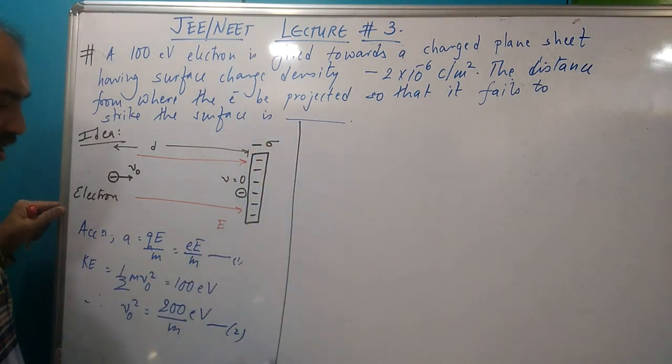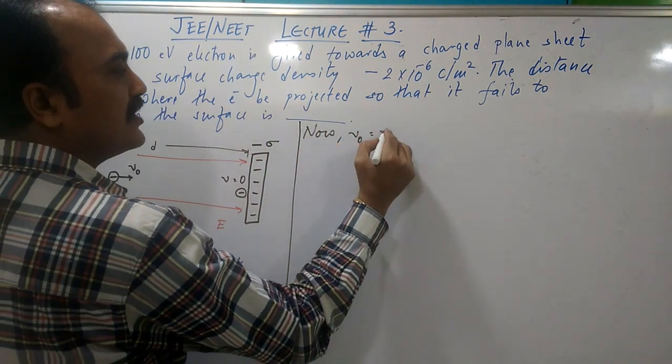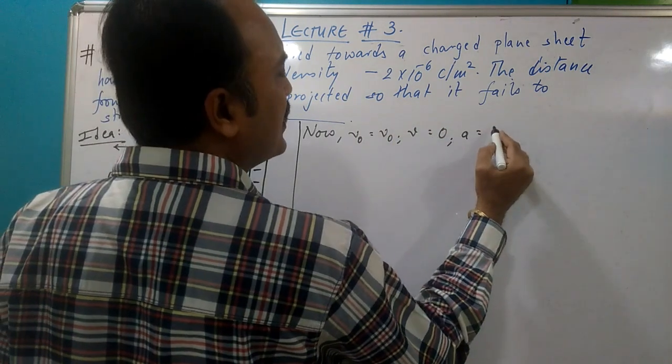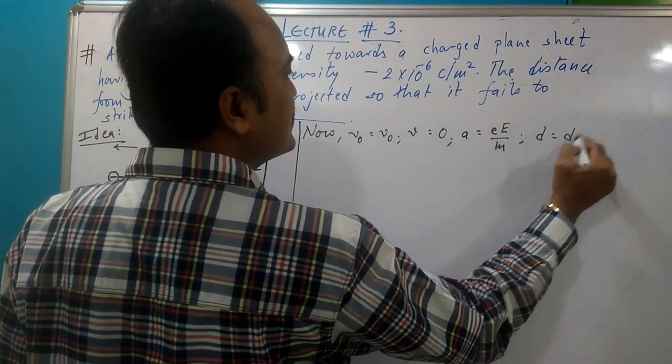So everything is now set up. v0 is v0, final speed is 0, acceleration is eE by m, and distance is d.